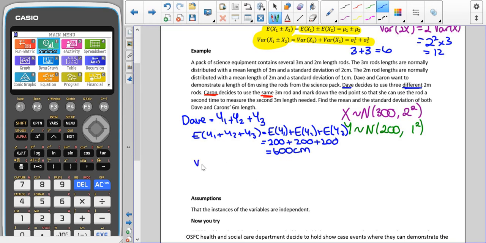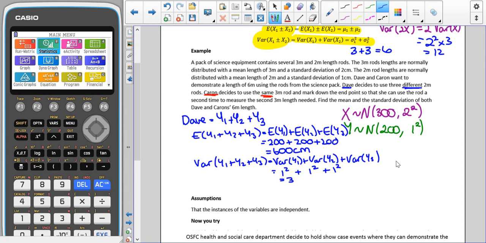For our variance of Dave's 6 metre rod, we're looking at the variance of Y1 plus Y2 plus Y3, which is going to be the same as the variance of Y1 plus the variance of Y2 plus the variance of Y3, which gives us 1 squared plus 1 squared plus 1 squared, which gives us 3.